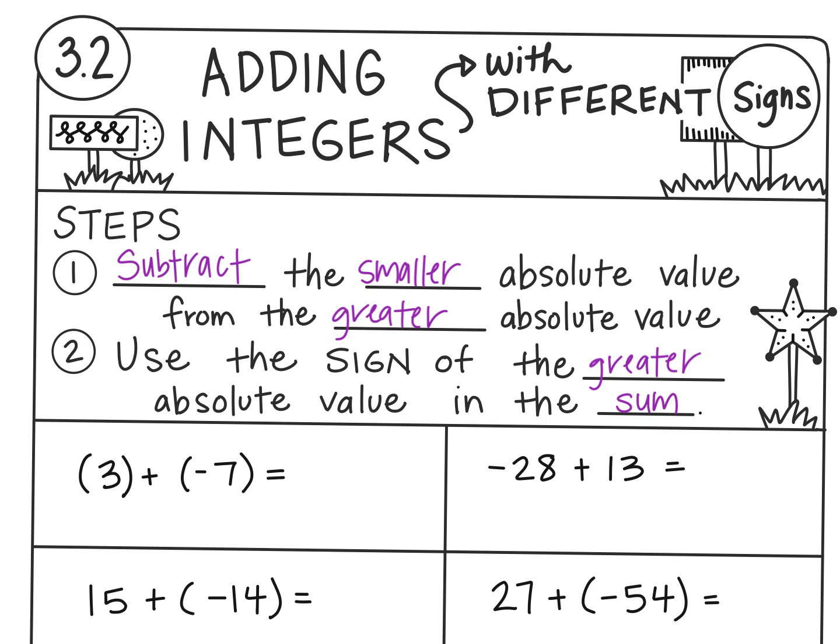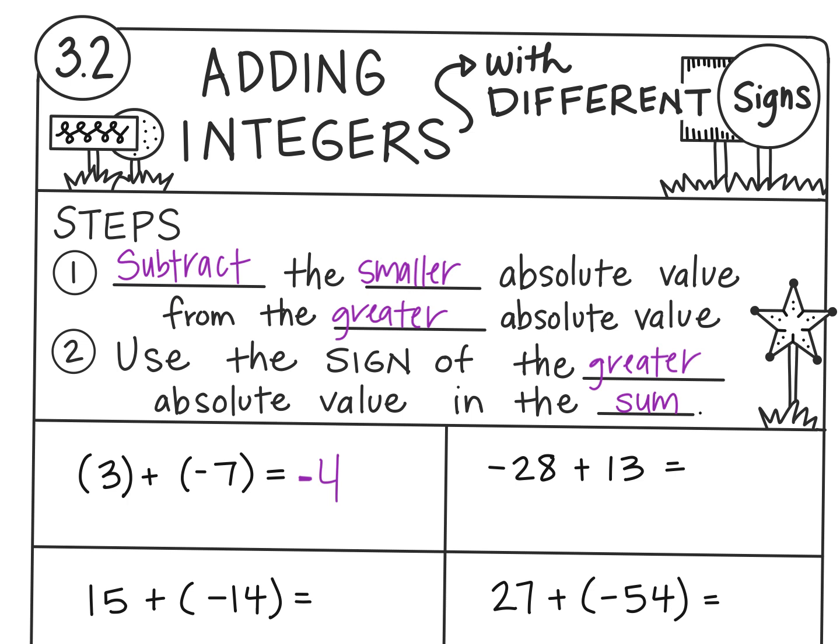Don't forget, absolute values, you remove signs completely. So it's just 3 and 7. Plain old 3, plain old 7. I will subtract those. So the bigger one is 7. Subtract 3. What do I have? 4. I have 4. Now, I got to use the sign of the greater absolute value. The bigger absolute value in this one is 7. So my answer is also negative.